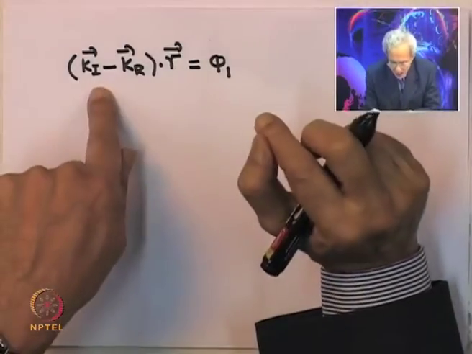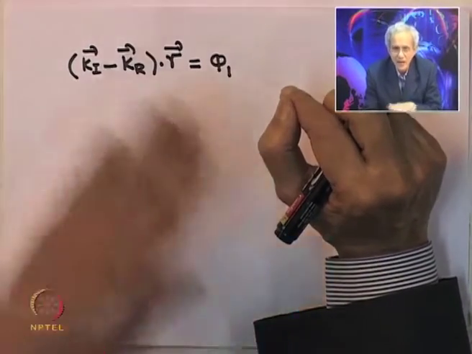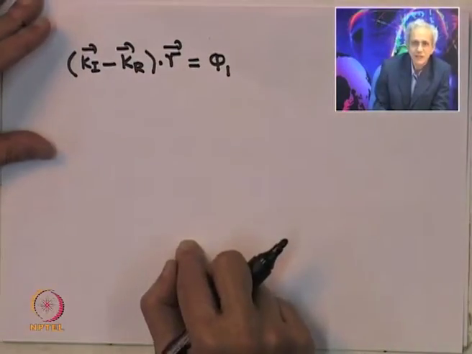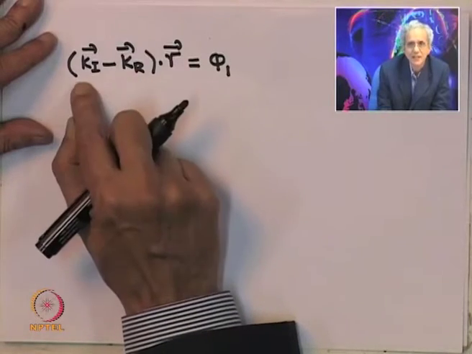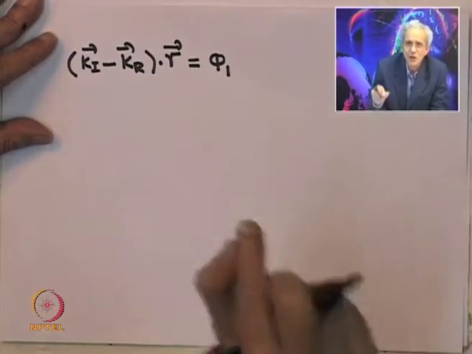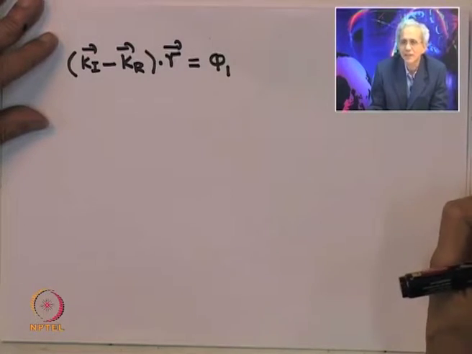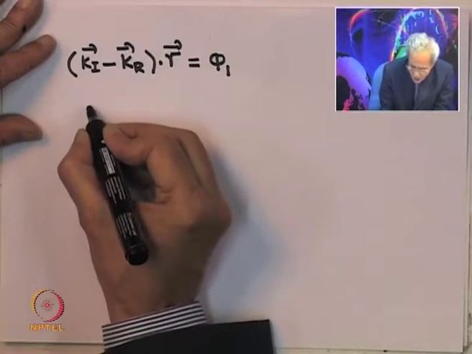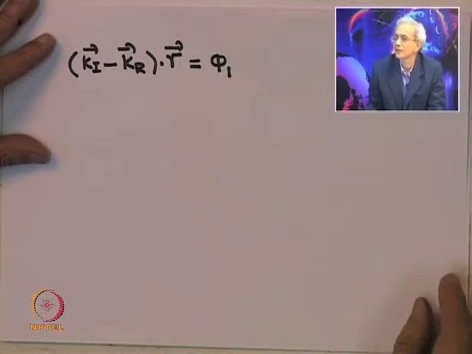So, in order that this represents the surface, the interface between the two media, such a surface is perpendicular to k_i minus k_r, just as n dot r equal to constant is the vector equation of a surface. Therefore, this surface is normal to k_i minus k_r.